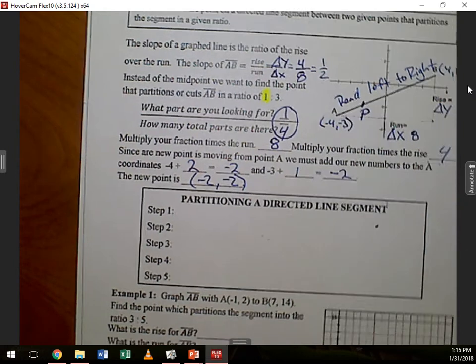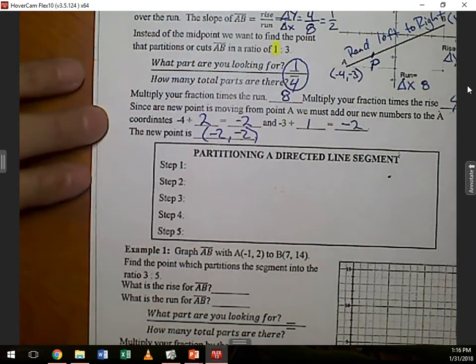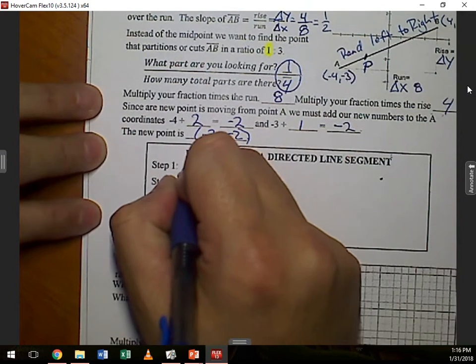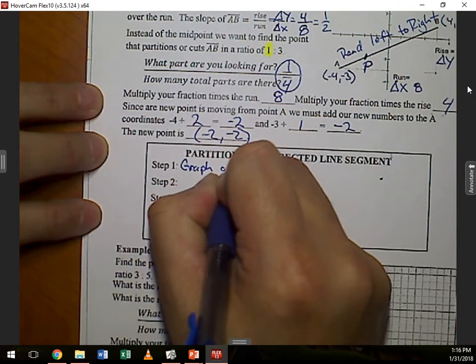Alright, let's take a look at my steps. Step 1, graph or draw a line.